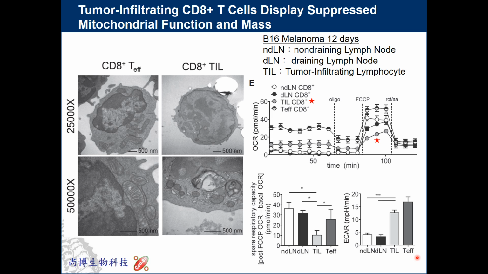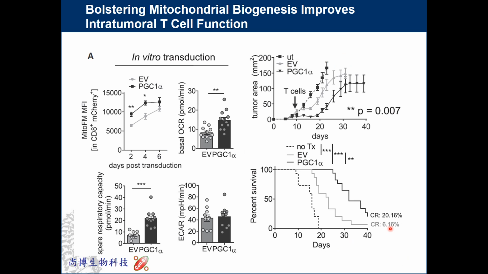So in the beginning, we know the lymphocyte from the tumor has very serious damage of the mitochondria, and then transfers the phenotype to glycolysis. Then there's overexpression of PGC-1 alpha. You can see we have a higher basal OCR, a higher SRC, but no change of ECAR.